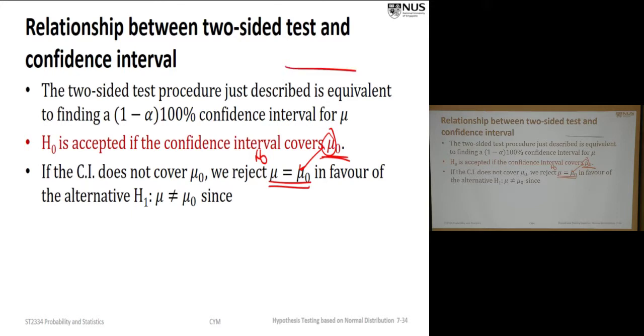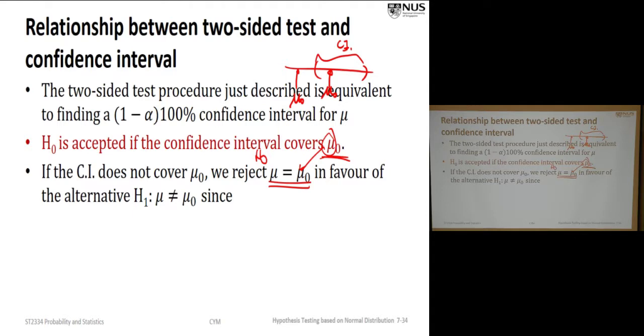So if this is my confidence interval and mu naught is here, then if you perform a hypothesis test, you find out that you do not reject the null hypothesis. But if mu naught is somewhere here, outside your confidence interval based on the data, it does not cover mu naught.